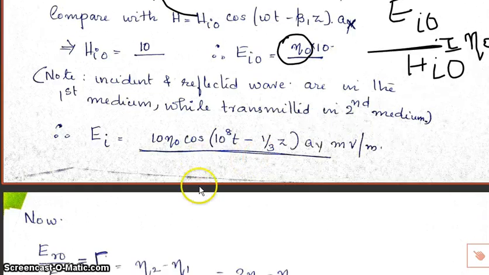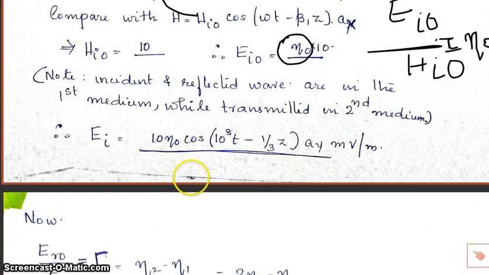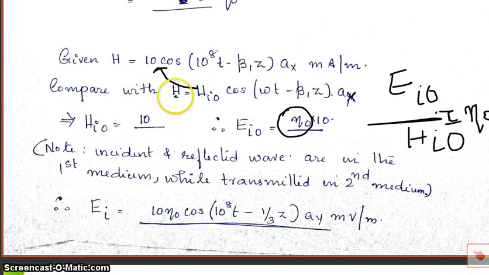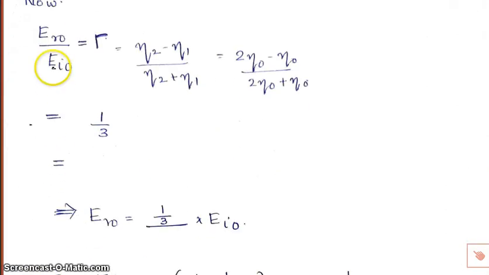Right? Next. So you found out what is E_i and what is H_i. H_i is given in the question, and now you have found out E_i. Now you have the relation connecting reflection coefficient E_r0 and E_i0 as E_r0 by E_i0 is equal to your reflection coefficient, which is given by the expression (eta 2 minus eta 1) by (eta 2 plus eta 1).